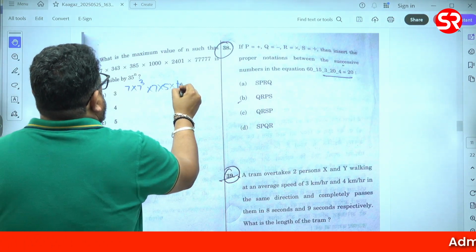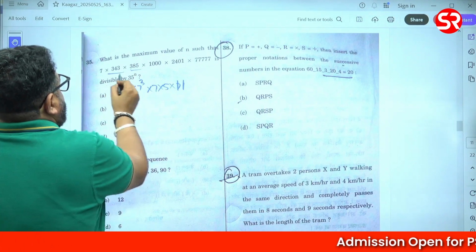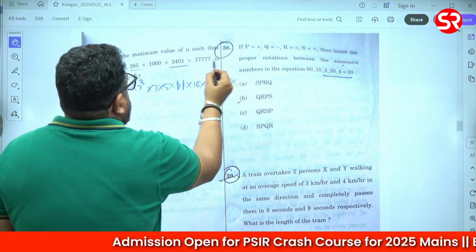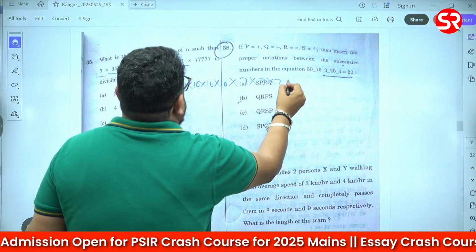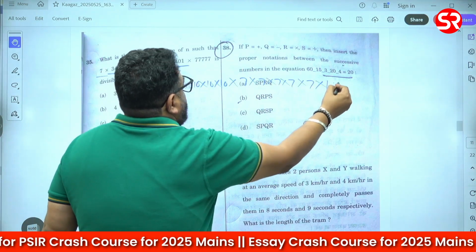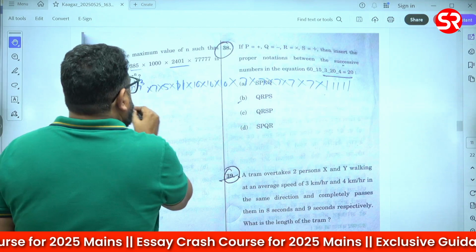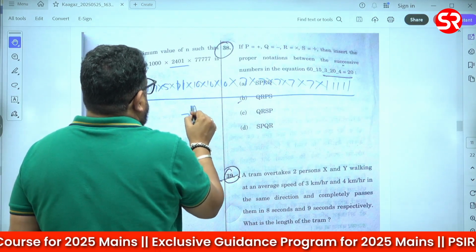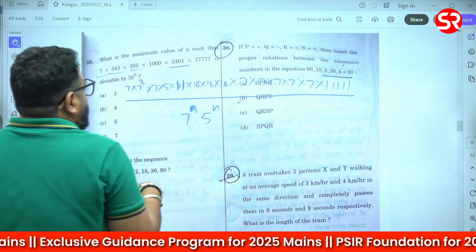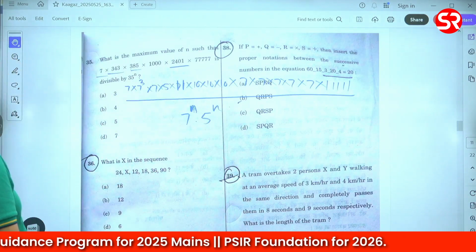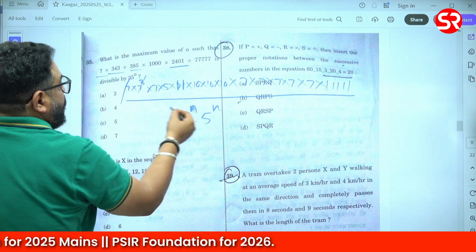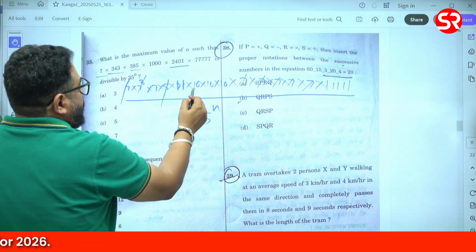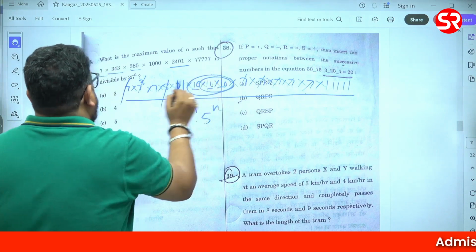Yes, 11. 10, 10, 10, and this is 7, 7, and 7, and 7 times 1, 1, 1. This is the redundant number divided by 7 to the power n and 5 to the power n. So definitely n has to be not a power of 7, because the power of 7 is too much. It has to be a power of 5. So power of 5 what? 1. From here, 1. 4 answers.